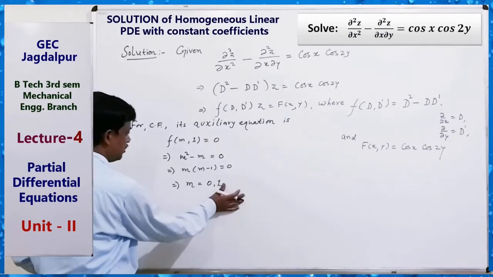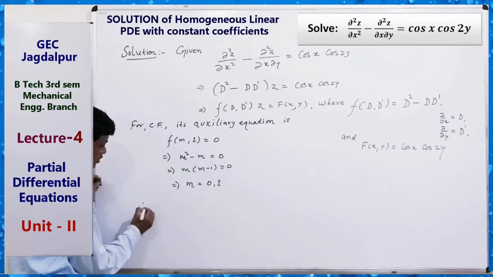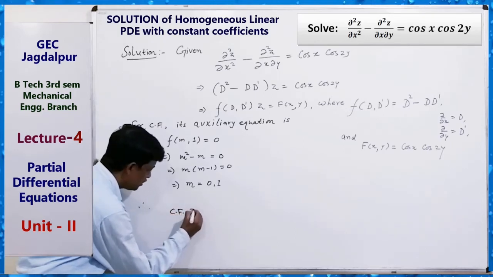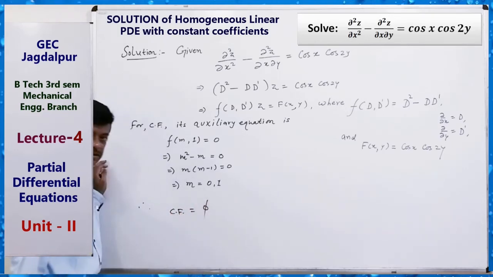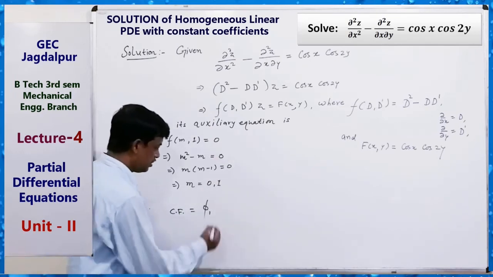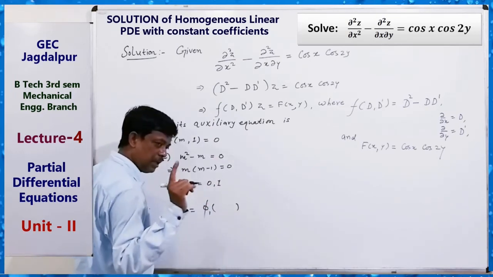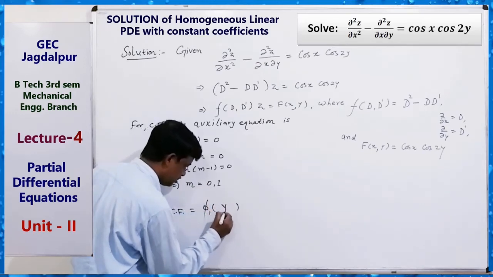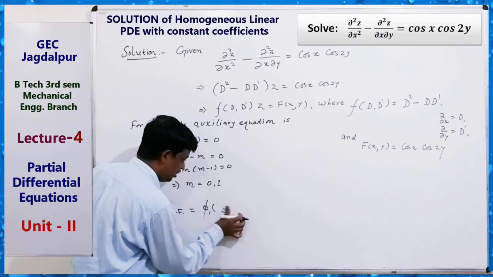So, therefore, the complementary function is equal to: there are two distinct roots. The first function of y plus m1 x, m1 is 0, so y plus m1 x means only y, only y.